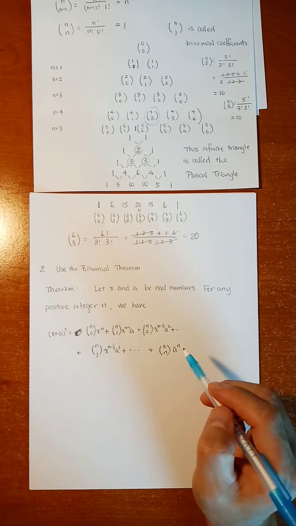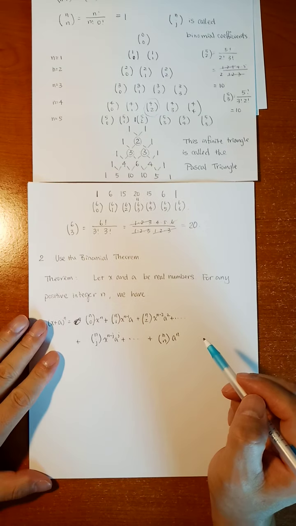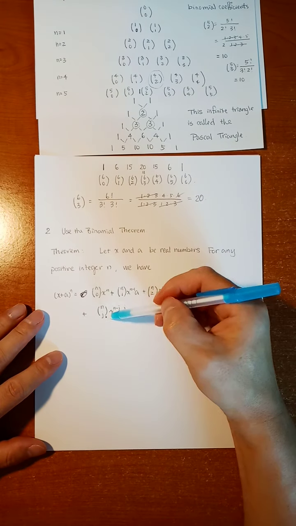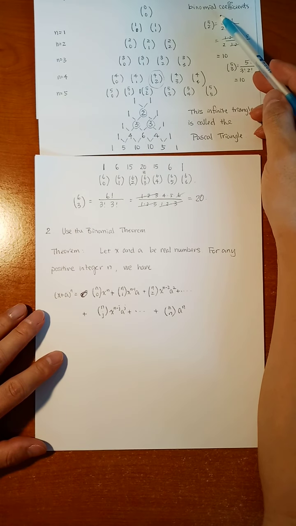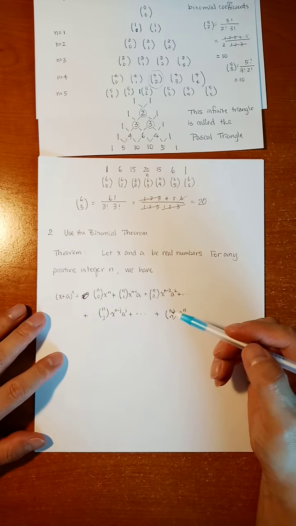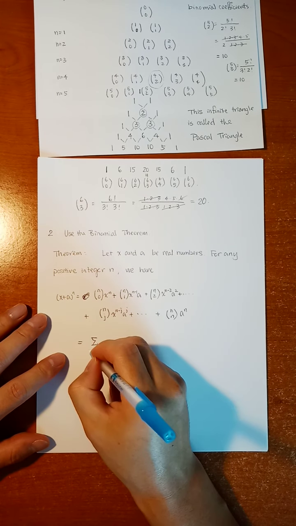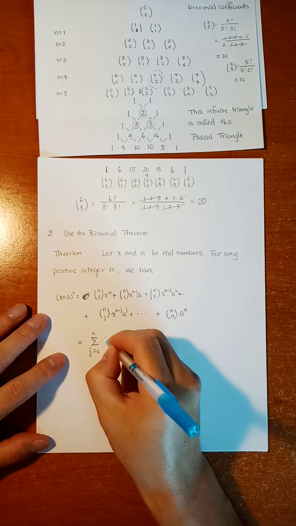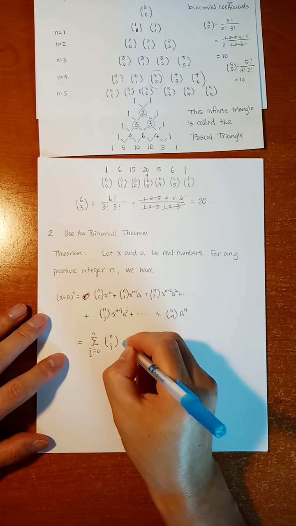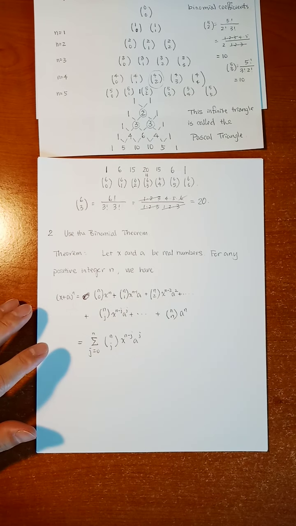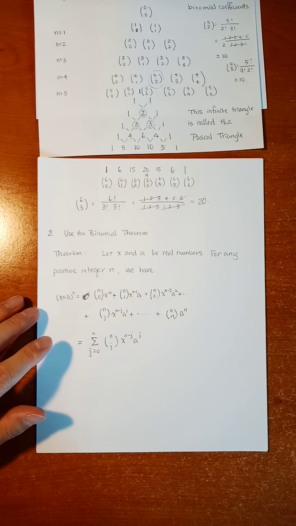We know the coefficient for sure. And this is the reason n choose j is called the binomial coefficient. If you know the sigma notation, it is like this: the sum of n choose j, x to the n minus j, a to the j's power, j from 0 to n.